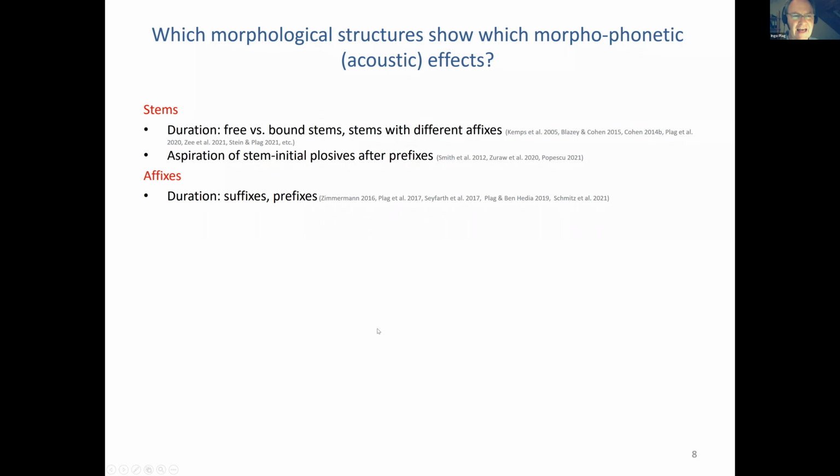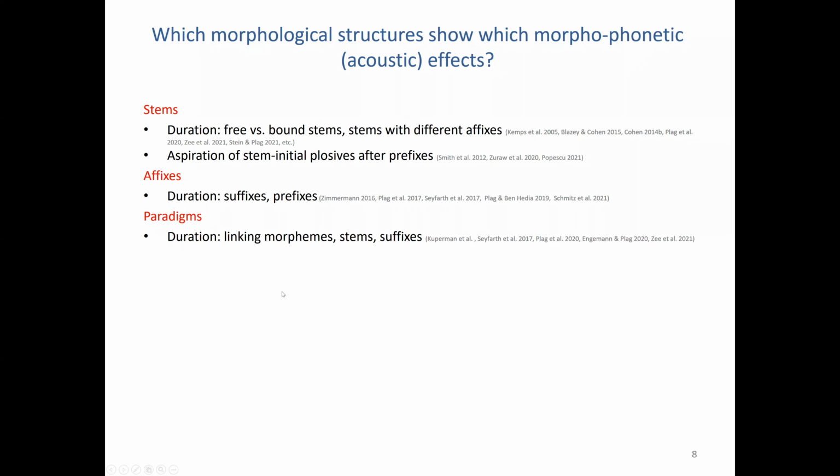If we take a look at affixes, people have found that there are effects of morphological structure also with suffixes and prefixes. I mentioned that already, that for example, the suffix s in English can have different functions, and according to these functions, the duration differs.